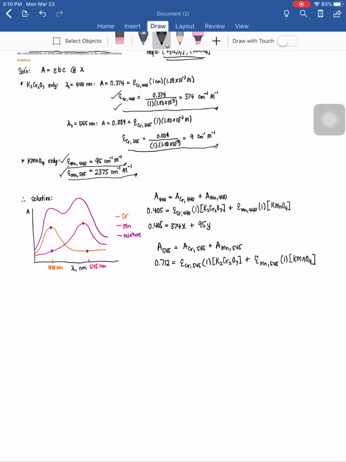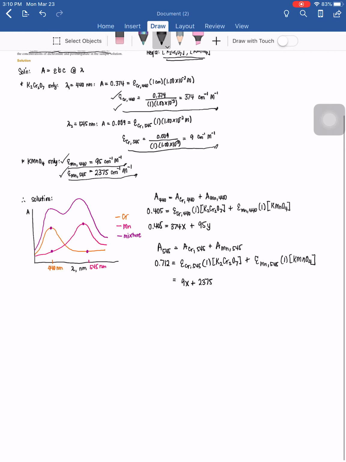Now if we plug in the values that we've computed at the earlier stage in our solution, for the dichromate, its molar absorptivity is 9 times 1 times X plus, for our permanganate at 545, that's 2375 times Y, the concentration of potassium permanganate. We have two unknowns.